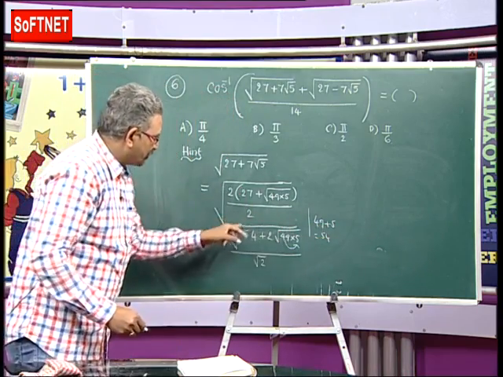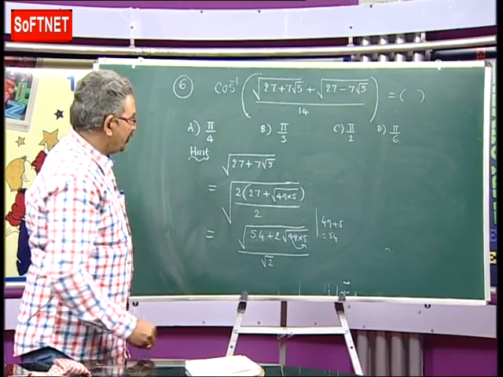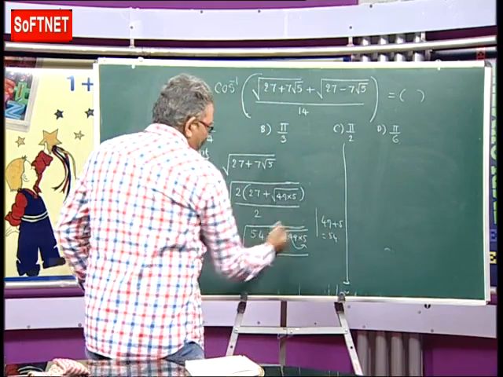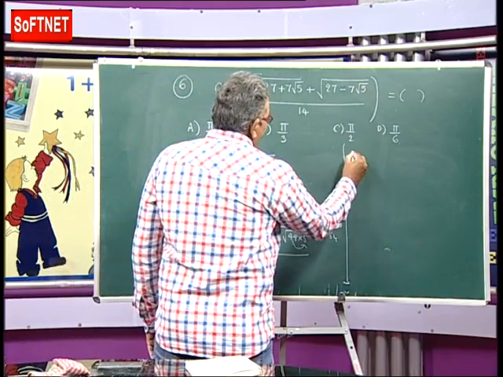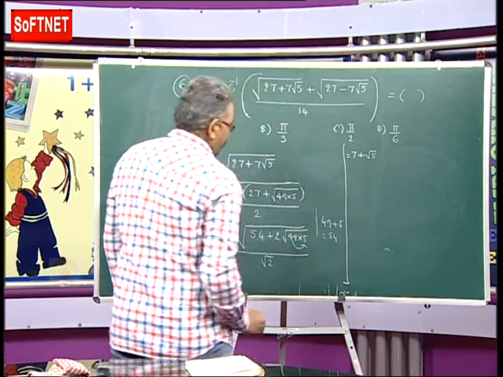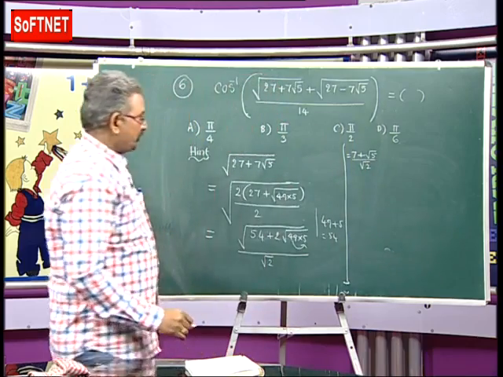That means the square root of this one is root 49 plus root 5. Am I correct? So that means here we get square root of 49 is 7 plus root 5 by root 2. Okay.